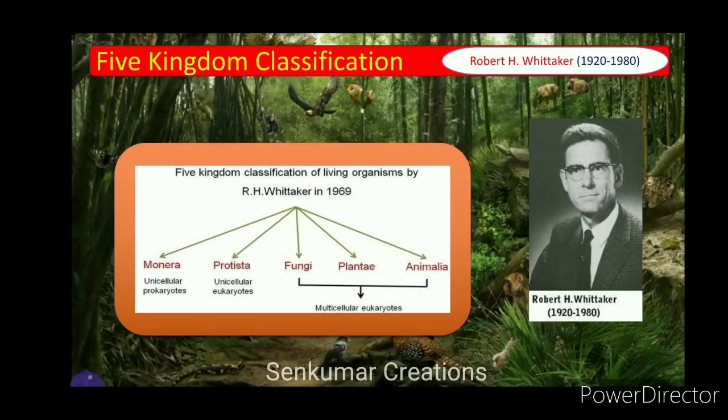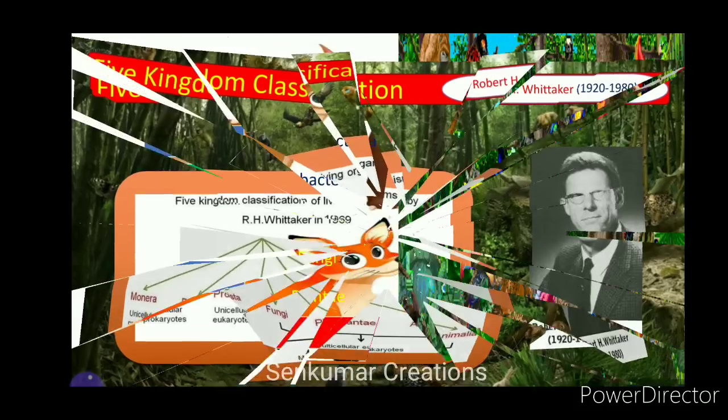And fungi, Plantae, and Animalia are kept under multicellular organisms. This five kingdom classification is the one accepted nowadays. Monerans and Protista belong to unicellular organisms. Fungi, Plantae, and Animalia belong to multicellular eukaryotes.